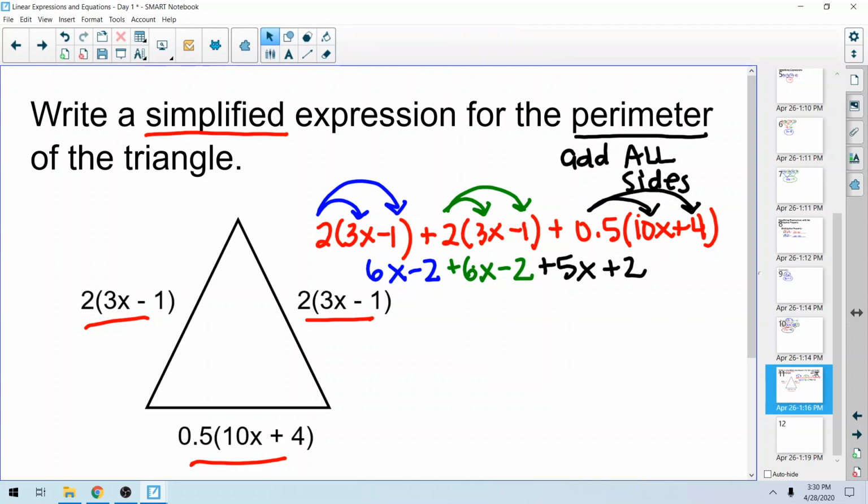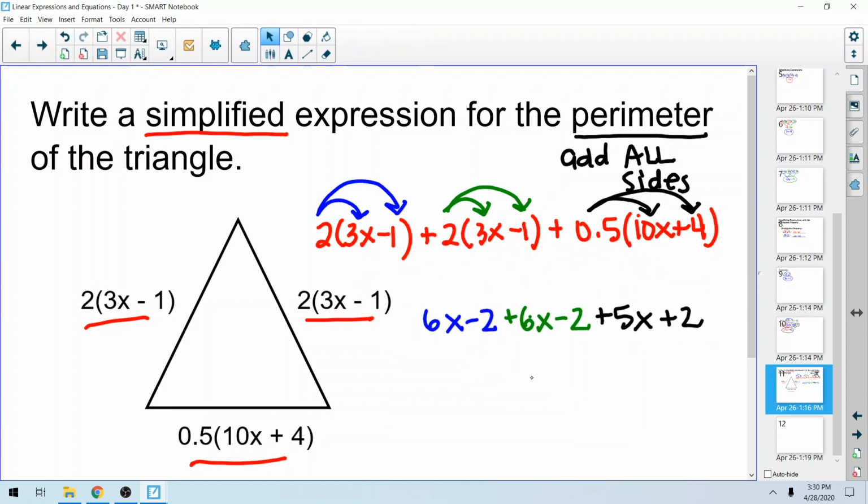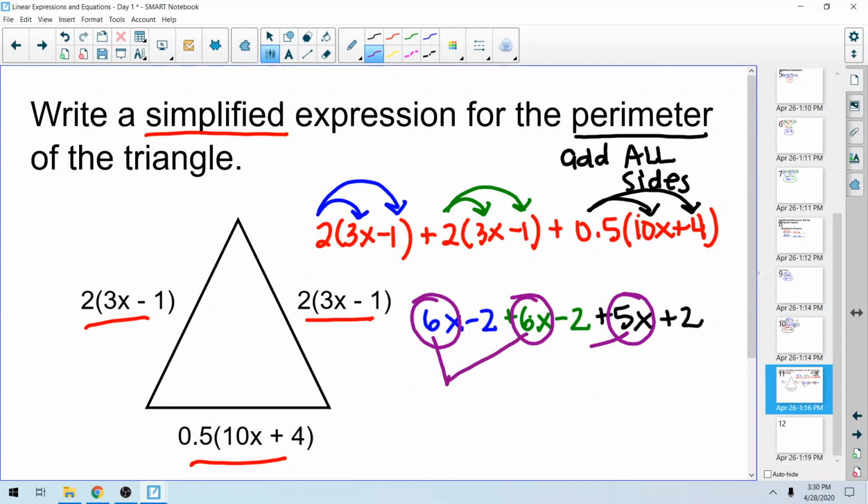Now, we're going to take this, I'm going to scooch it down there, and we're going to combine like terms. So I have something with an x, something with an x, something with an x. 6 plus 6 plus 5, 6 plus 6 is 12, 13, 14, 15, 16, 17x.